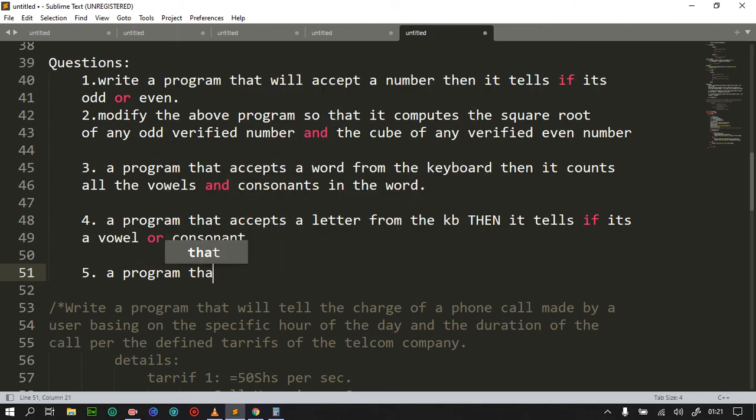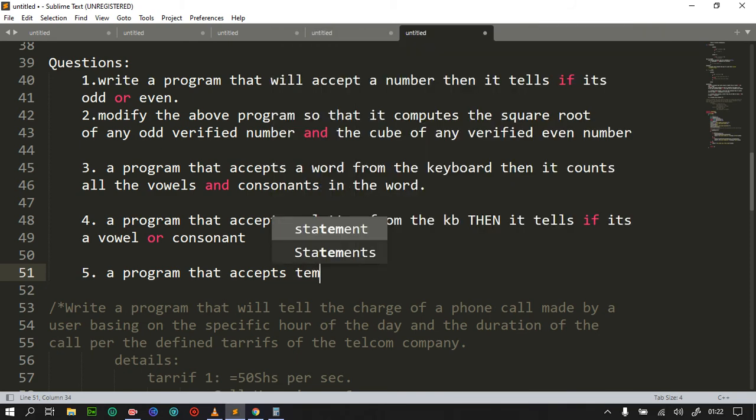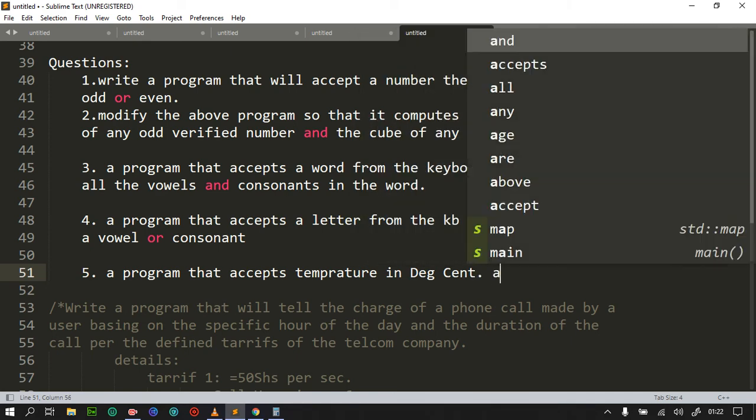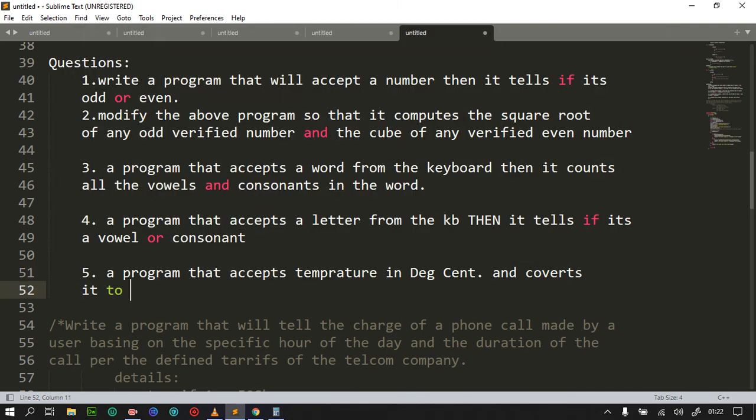A program that accepts temperature in degrees centigrade and converts it to Fahrenheit. Some simple programs just to help you at least implement some of those basics that we have had from the start.